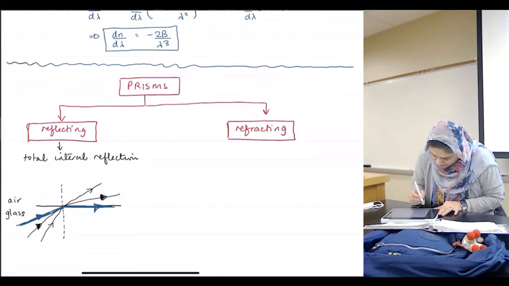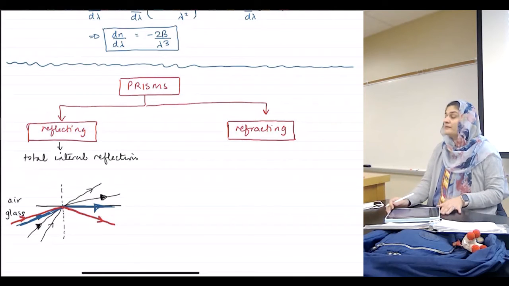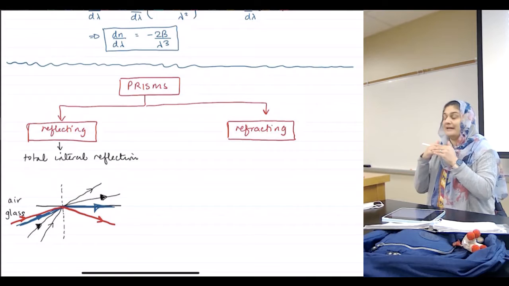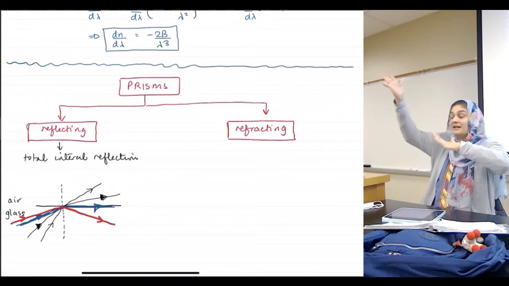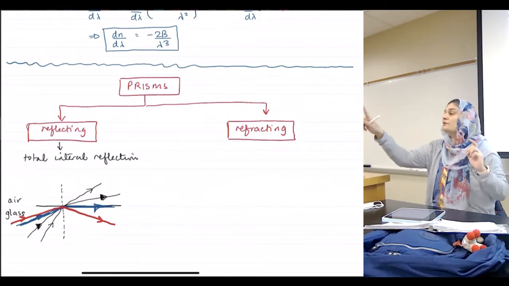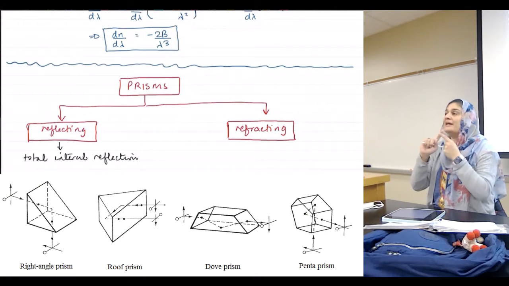Oh, that's a bad picture. So beyond what is called the critical angle, instead of light being refracted outside the medium, it will actually be reflected inside.